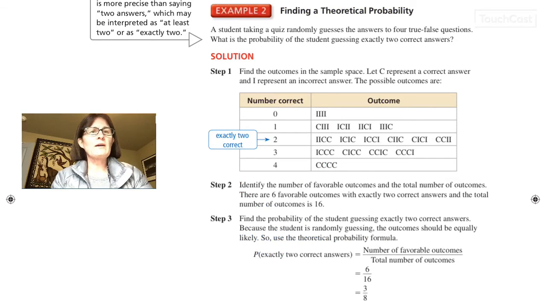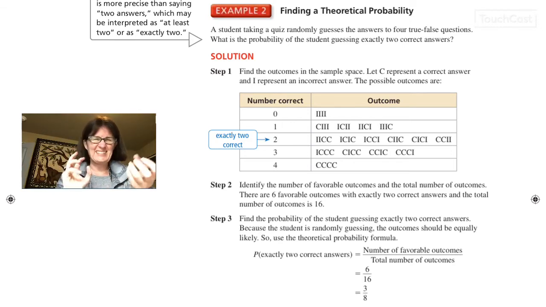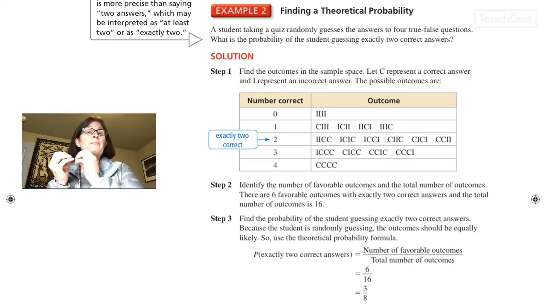To finish up, I want to walk through example 2. As you are starting your study of probability, you will find that there are some experiments where you won't really have an idea right away of how many possible good outcomes there are, how many different ways there are to get that good outcome. So writing them all out is appropriate at the beginning.